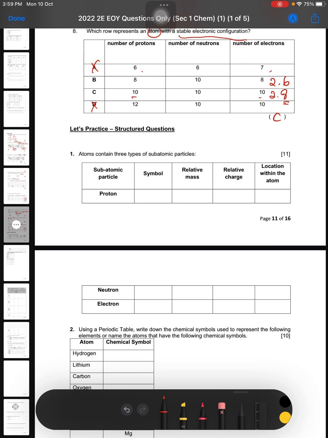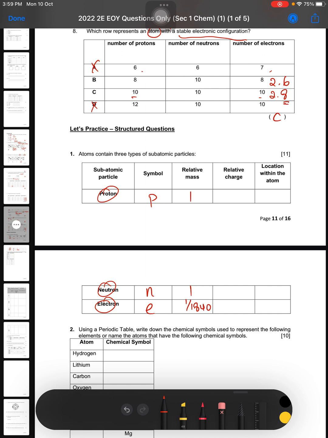Okay, question 1. Atoms contain 3 types of subatomic particles. So I hope you all remember what they are: proton, neutron, and electron. Alright, so the symbol for proton. Generally we use the letter small p, small n, and small e to represent these subatomic particles. Relative mass, these are numbers that you need to remember. Proton will be 1, neutron 1, electron is 1 over 1840.